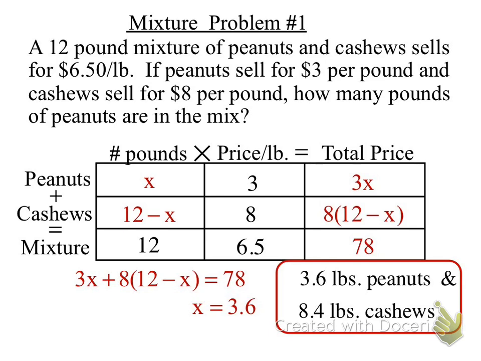I could also call this x. And if I call this x, then this becomes 12 minus x. Do you understand? It will still work out. Only last time when I did it that way, the boy didn't believe me that it would work out. So we did it the other way. And it still works out to be the same.